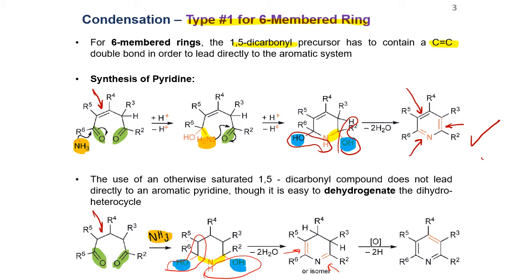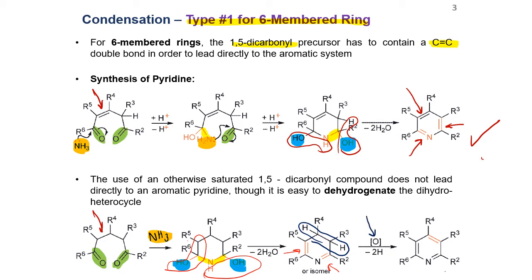You need to introduce 1 more double bond. There are a few ways to do this, but the most straightforward way is to oxidize these hydrogens. So oxidize the ring system by removing the 2 hydrogens here.